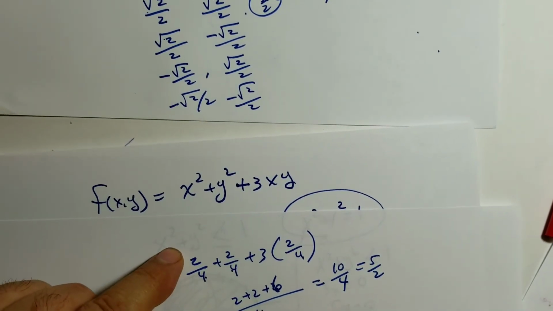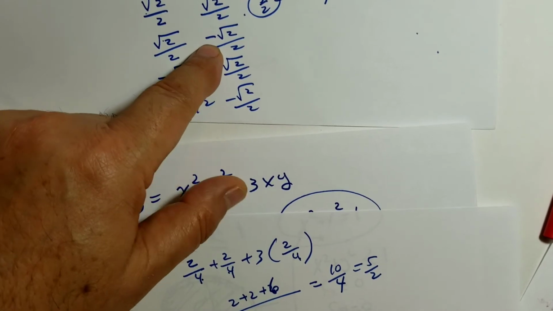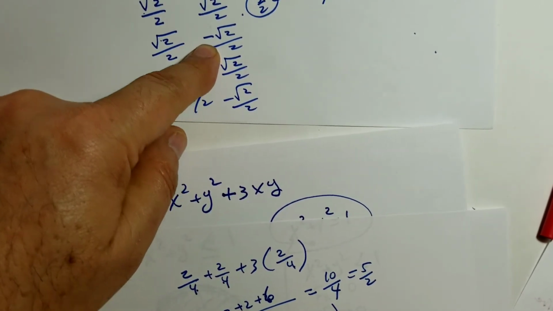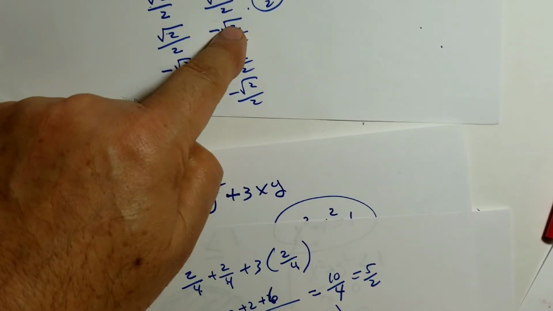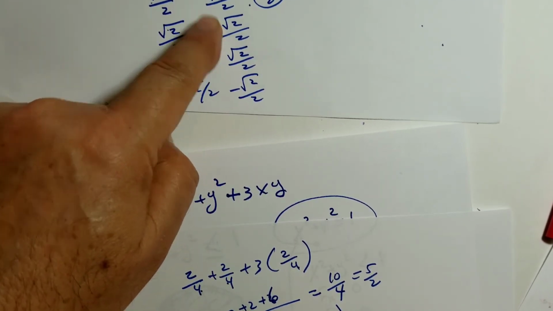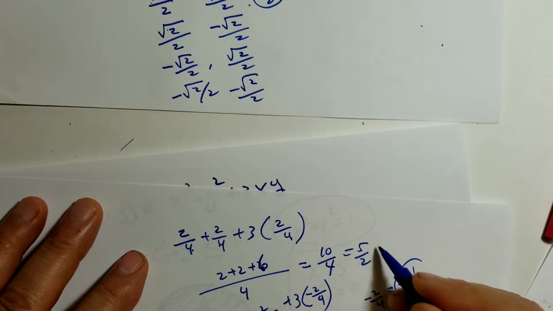Let me do my z value here. You have 2/4 plus 2/4. But because this is negative, that becomes plus 3 times negative 2/4. Because radical 2 times radical 2 is 2, 2/4, but positive times negative is a negative. And then you have 2 plus 2 minus 6 over 4, and that becomes negative 2/4, which is negative 1/2.